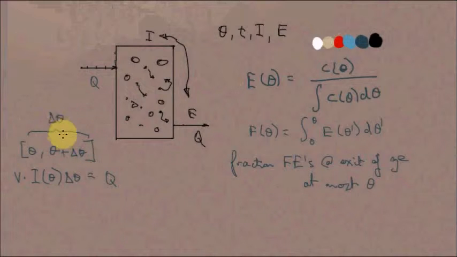So it took delta theta time units for this group to enter. So if, for instance, we were asking about fluid elements that were there for 10 seconds to 20 seconds, then those fluid elements entered over a 10-second interval. Well, actually, let's make it 30 seconds to 40 seconds, just so that 10 doesn't recur.